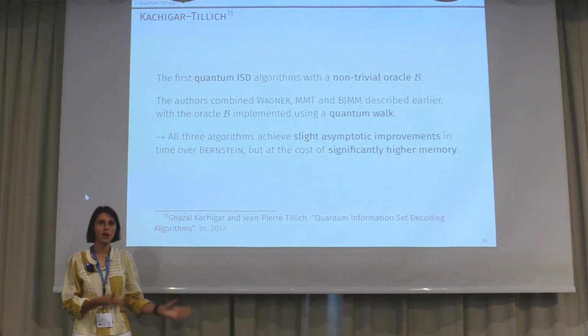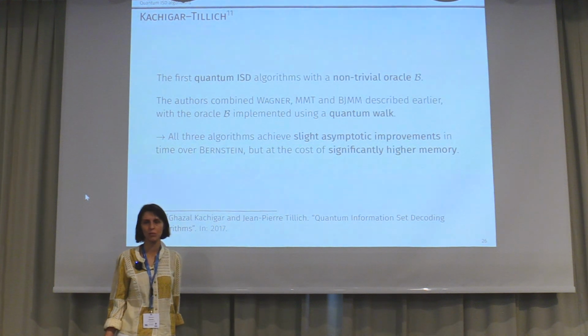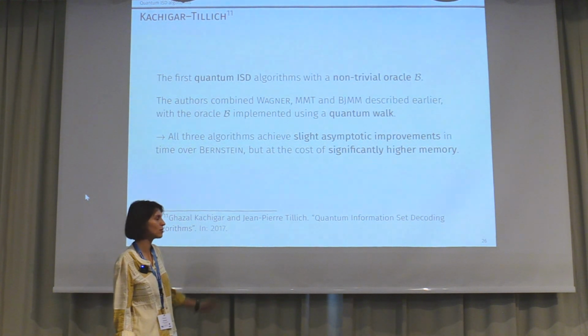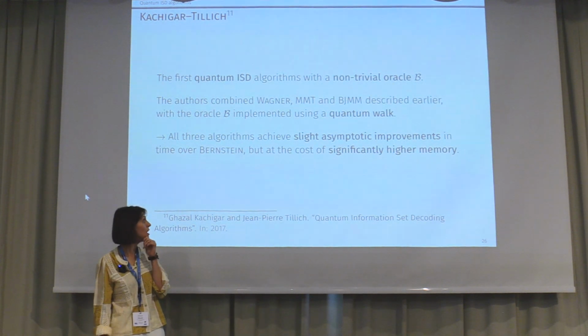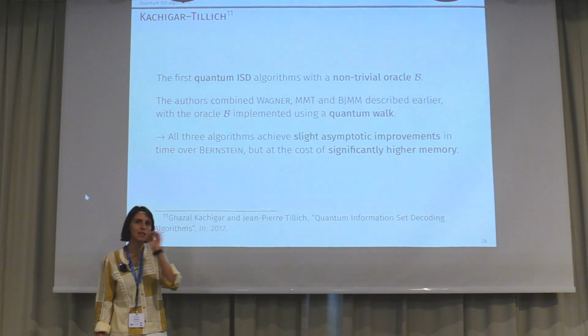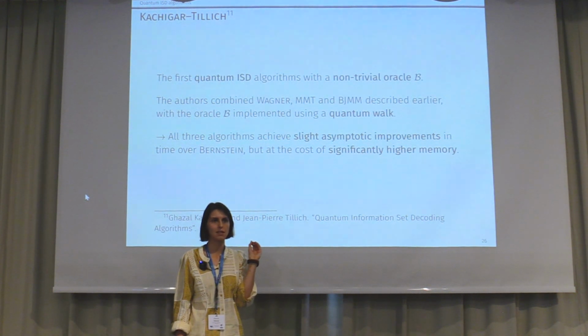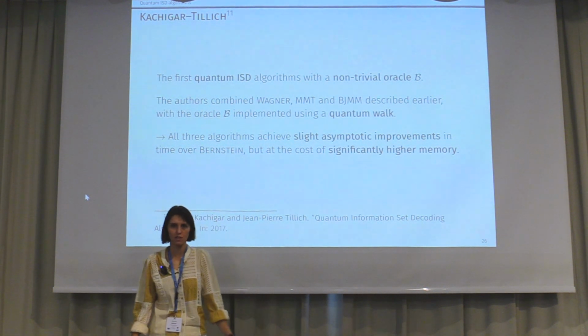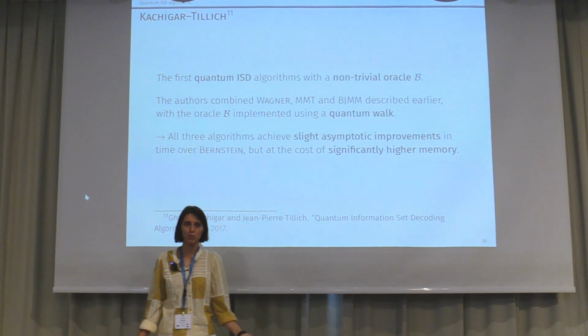It's very hard to argue about concrete improvements because quantum algorithms cannot be that easily implemented, so we are not even trying to discuss that. The asymptotic setting is the one we are aiming for. And we had some slight asymptotic improvements using this quantum oracle. Nevertheless, it comes at a huge memory cost. I will show you the numbers, and you will see what the improvements are.